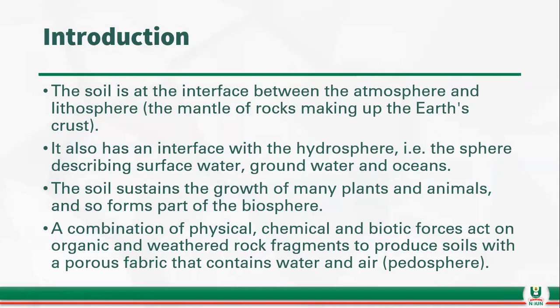Of course, the lithosphere has to do with the mantle of rocks that makes up the Earth's crust. So soil has an interface with the hydrosphere as well. It has to do with the water, the oceans, the seas, all that represents the water bodies on the surface of the Earth, which is called the hydrosphere, and soil also interfaces with it.